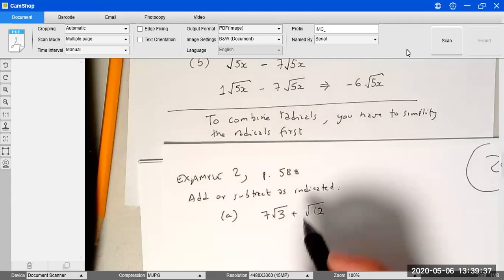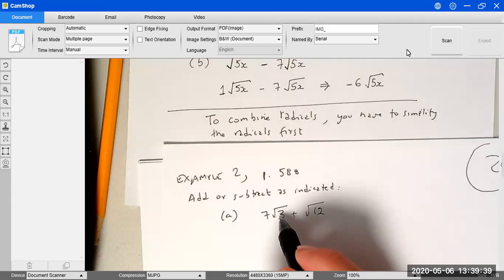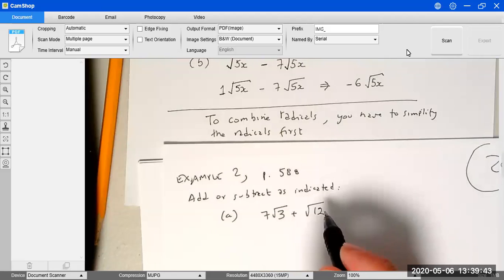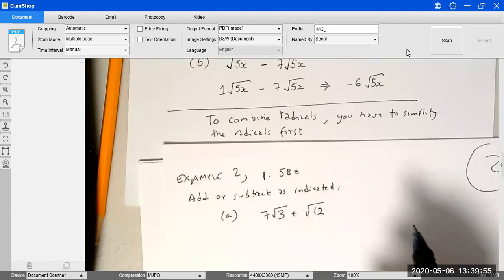And you can see that in the case of the square root of 3, there is nothing that you can do because 3 cannot be broken into factors getting a perfect square from one of those. But in the case of 12, you can rewrite 12 as the product of a perfect square and a non-perfect square.